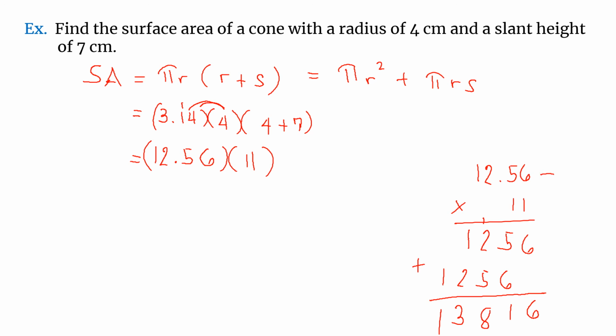Sa problem, meron tayong 2 decimal places. Kaya naman from the end, 1, 2. So the answer is what? 138.16 what? Square centimeter. It's our surface area. So this is it.